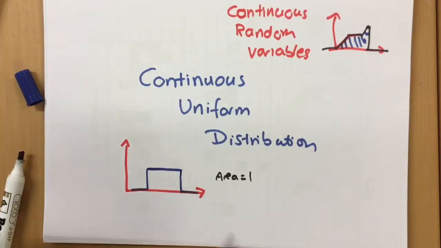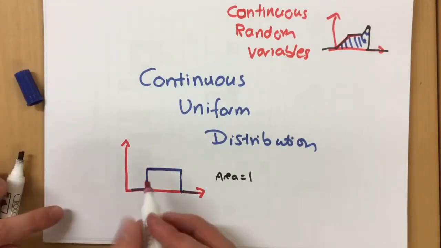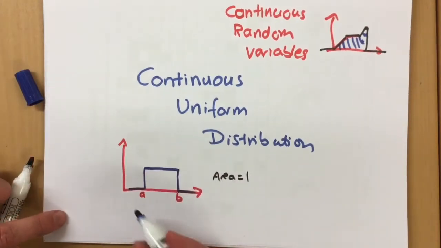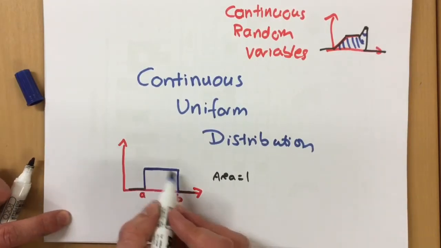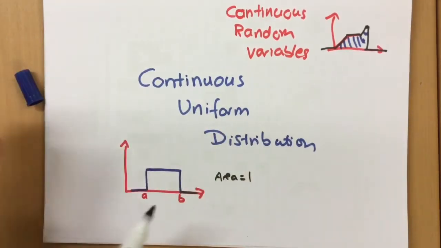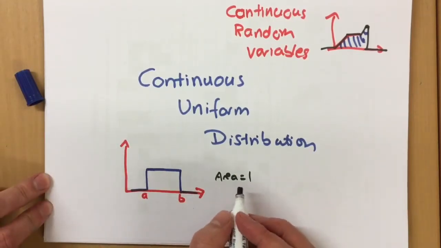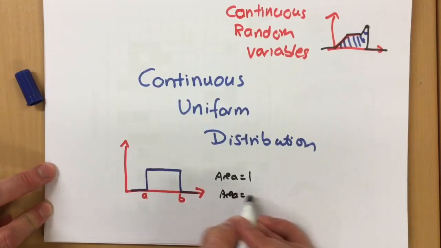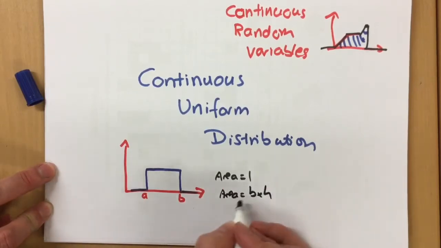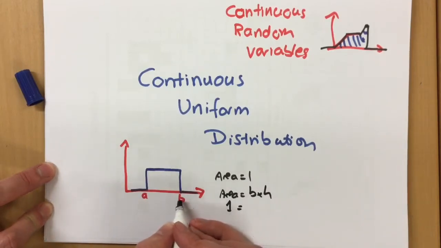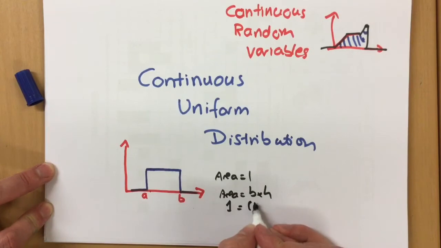Now, we say here that the graph goes between two values A and B. So the area is 1, and of course this mysterious looking graph is just like a rectangle. So, area is base times height, the area is 1, and the base is the difference between here and here, so B minus A, and we don't know the height.